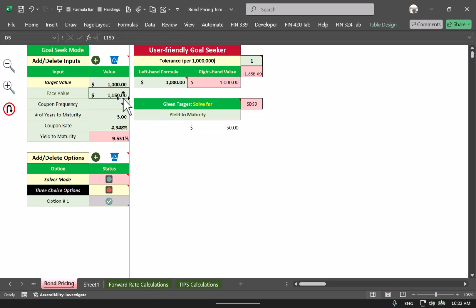Oh, face value is not 1150. It's 1100. So I need to change the coupon rate. Remember, this thing pays the coupons plus the face value.